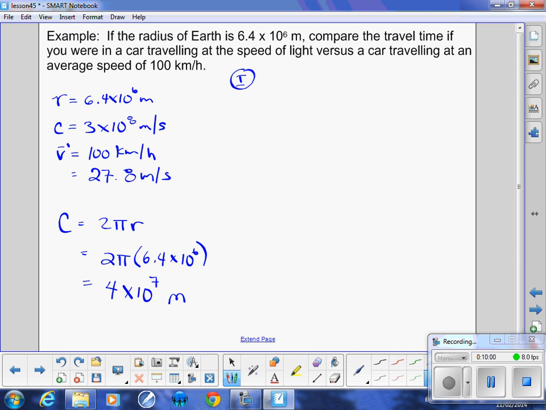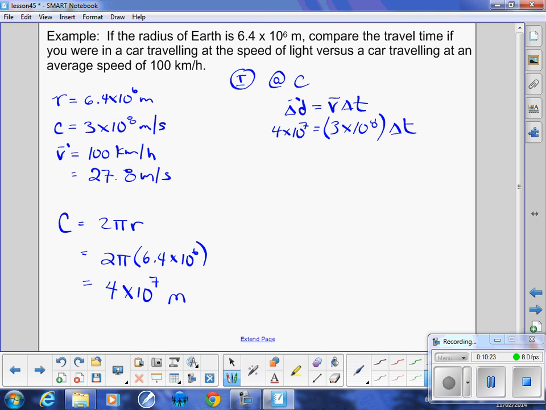So part one, at the speed of light. That would be pretty cool. Delta d equals v t. So we have 4 times 10 to the 7th equals 3 times 10 to the 8th times time.